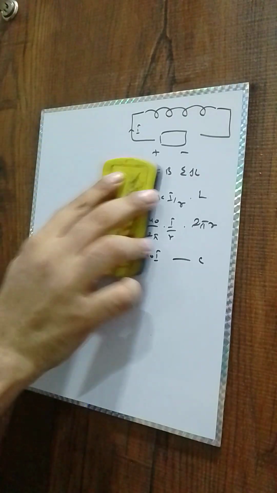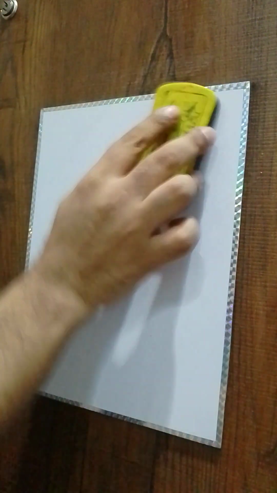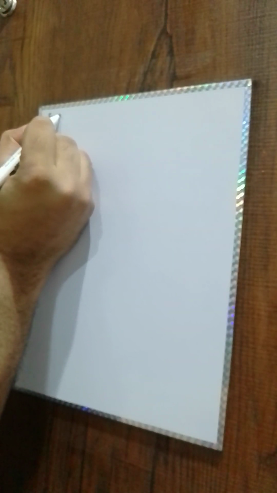Now we move on to some other topics in the same domain. The next one, let's say, is force: how we approximate force in magnetism.